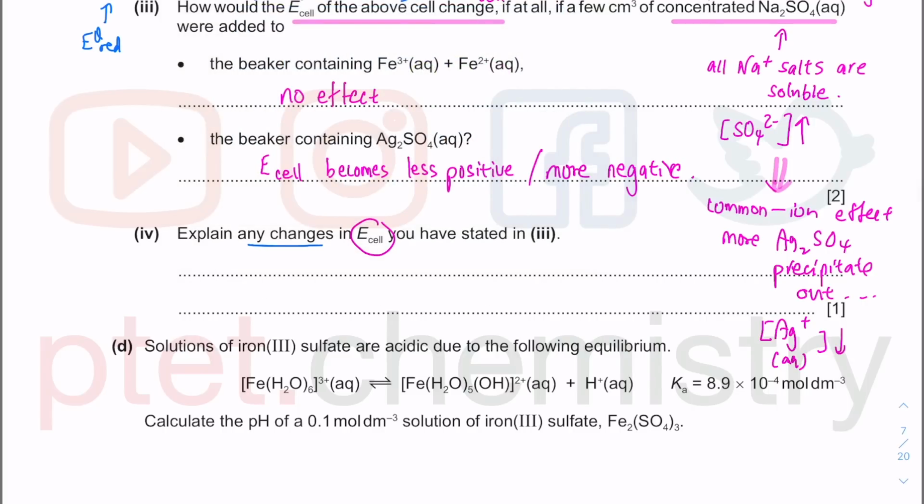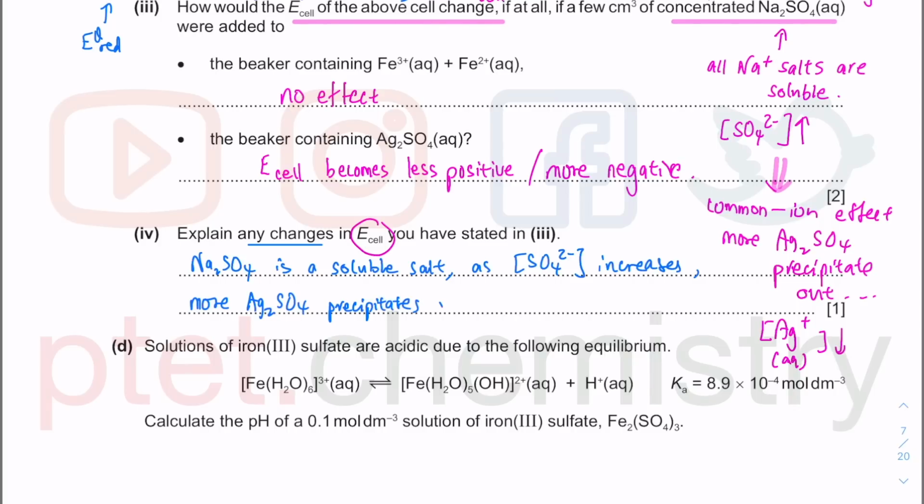Okay, now explain any changes you have stated. They just want the changes. We don't need to talk about the no effect. We need to talk about this thing here. So we can talk about the common ion effect. So Na2SO4 is a soluble salt. As the concentration of sulfate increases, what's going to happen is more Ag2SO4 precipitates out.